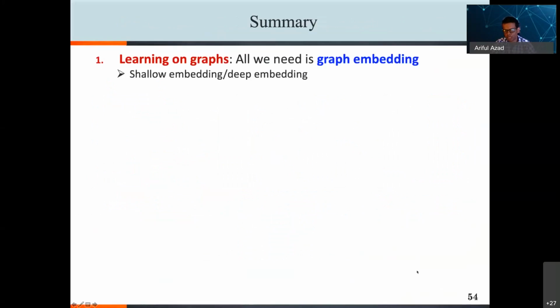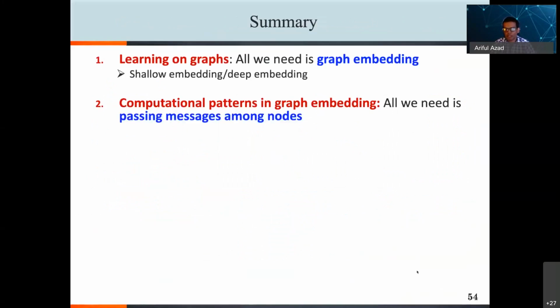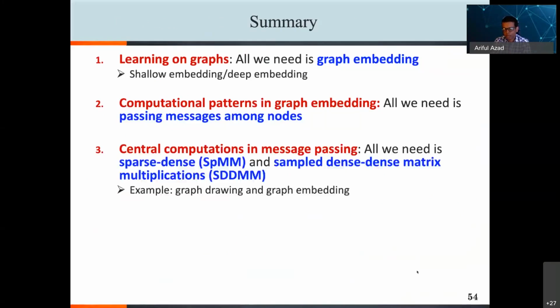So just to summarize, whenever we learn on graphs, the most important operation is graph embedding. The computational pattern in graph embedding can be captured by message passing among vertices. And a message passing system can be implemented by two operations, sparse-dense multiplication and sampled dense-dense multiplication, and they can be fused together by FusedMM.